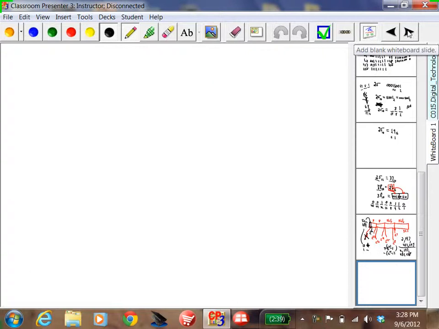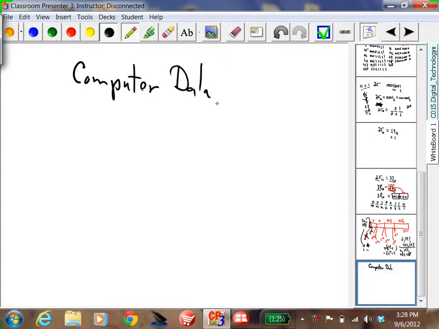Okay, so data types. Computer data types. I'm going to say fixed point integers.